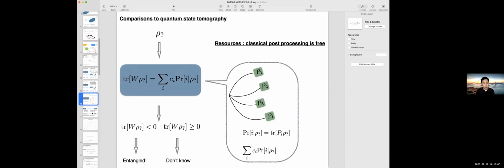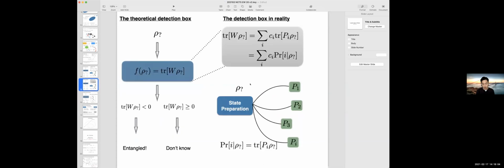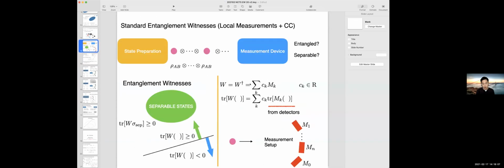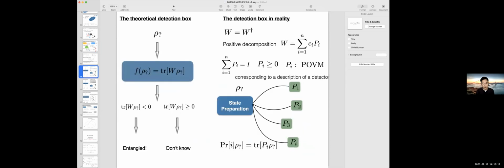This is actually important because, as I explained here, one witness constructs this number of measurements, and then maybe we fail because in the end, if the expectation value is positive, we cannot conclude anything.